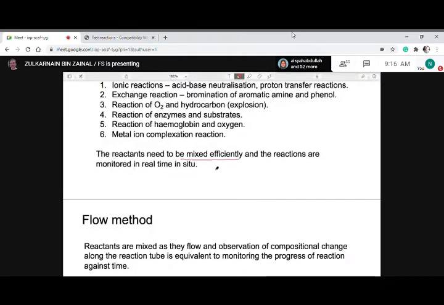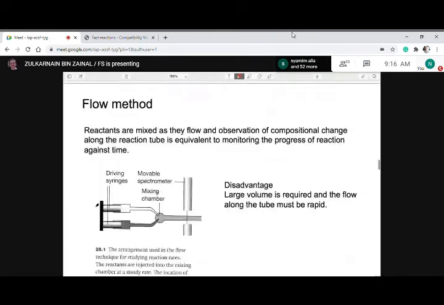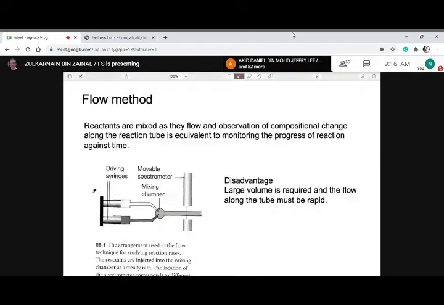In order for us to be able to follow the process, the reactants have to be mixed efficiently. One way is by using flow methods, where reactants are mixed as they flow, and observation of compositional change along the reaction tube is equivalent to monitoring the progress of the reaction.